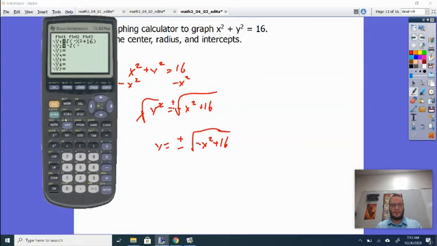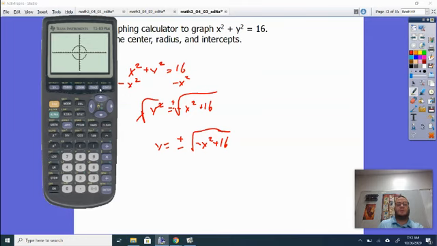Graph that. Okay, and now it doesn't look like a circle, which kind of freaks people out sometimes, and we get this gap here. So that gap there is just a rounding error in the calculator, but those would connect. Now, if I wanted it to look more circle-like, what I would do is I would go down to z square. And we can see it's a little more circle-like now.